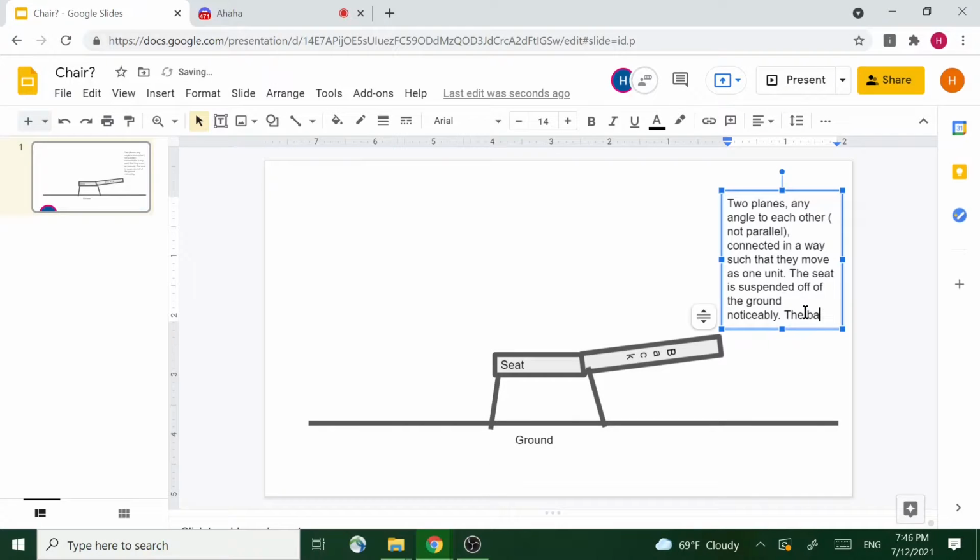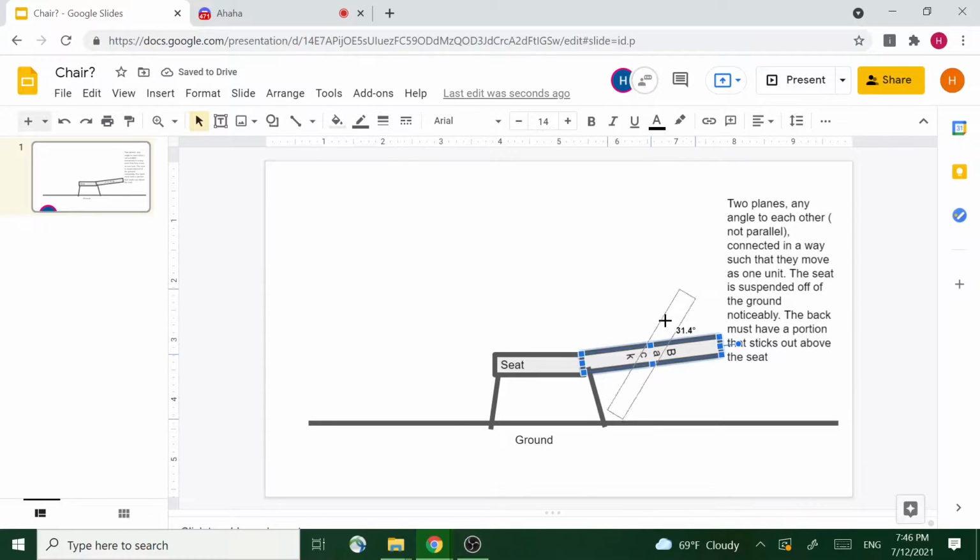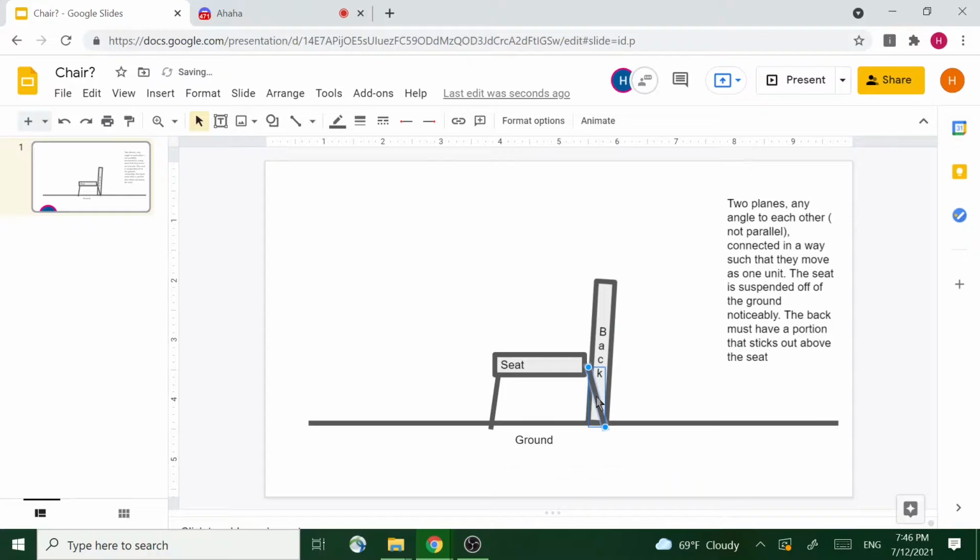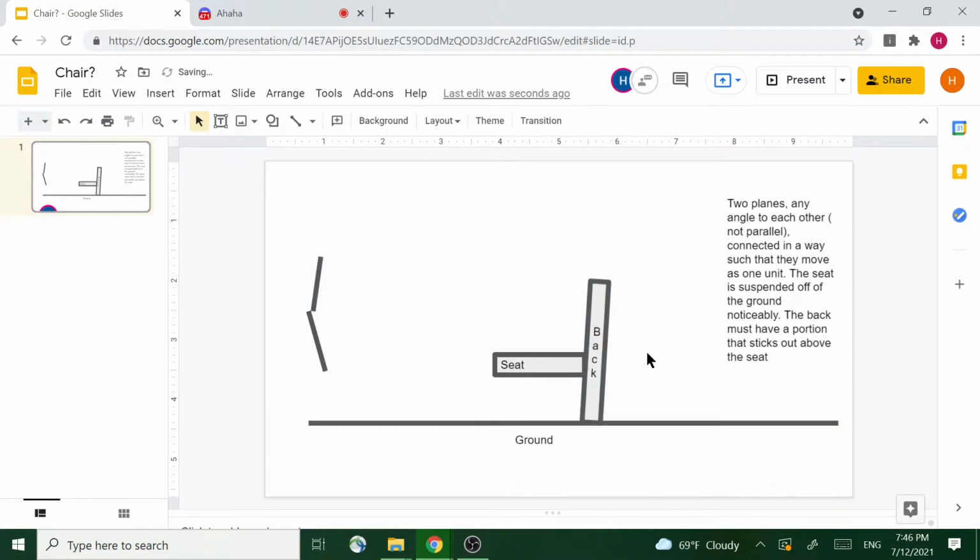The back must have a portion that sticks out above the seat, right? Yeah, so even if the back is kind of like this, that still counts because there's a portion that sticks out above the seat, even if it's attached like this.